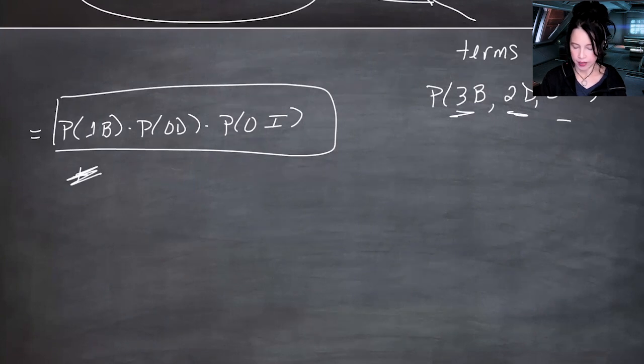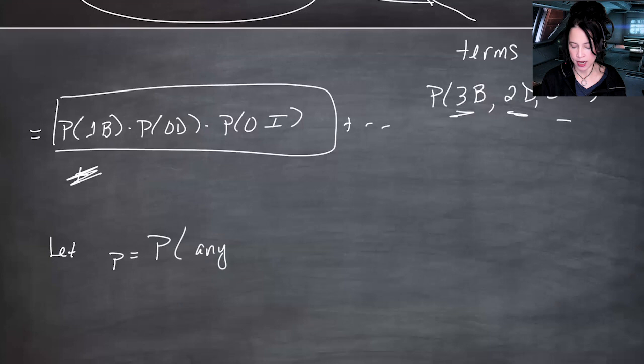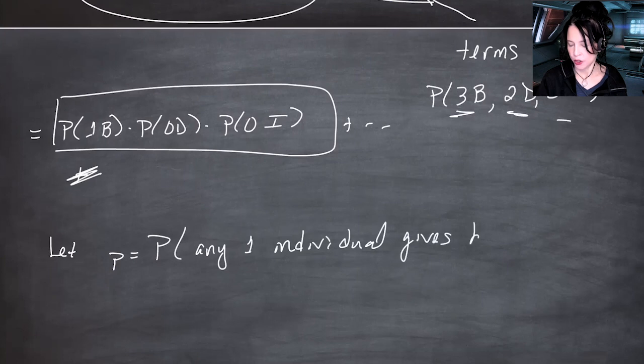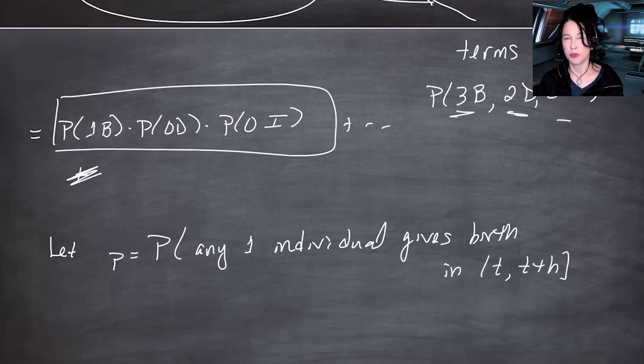This is not complete, but I'm going to let a little p be the probability any one individual gives birth in the interval t to t plus h. Each person gives birth after an exponential amount of time with a constant rate lambda.